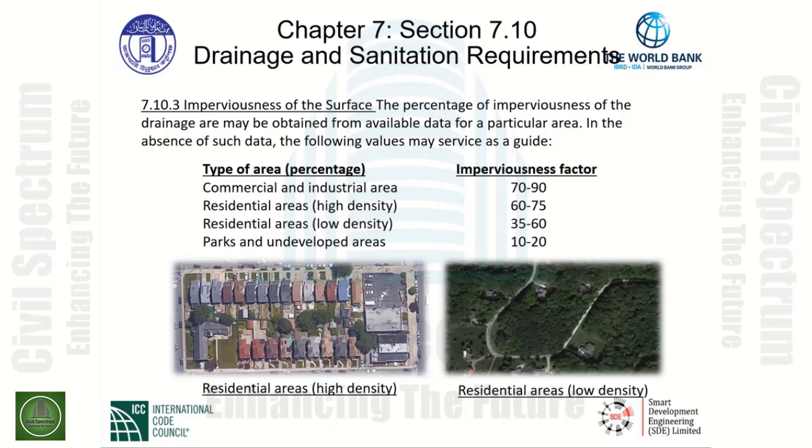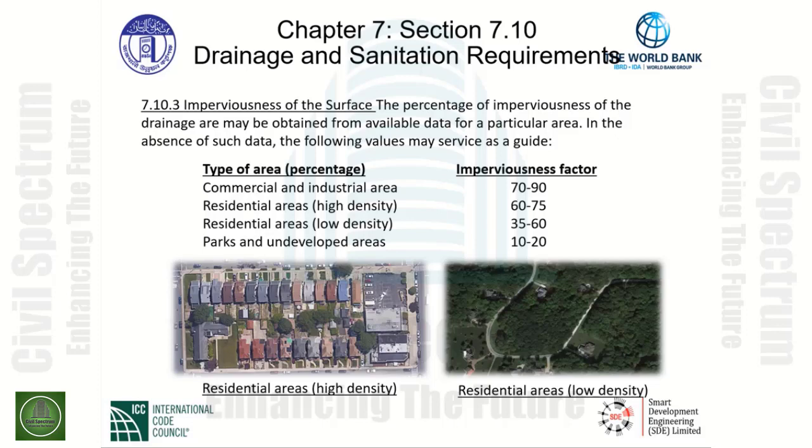The associated imperviousness factors range from 70 to 90 for commercial and industrial areas, 60 to 75 for high density residential areas, 35 to 60 for low density residential areas, and 10 to 20 for parks and undeveloped areas.